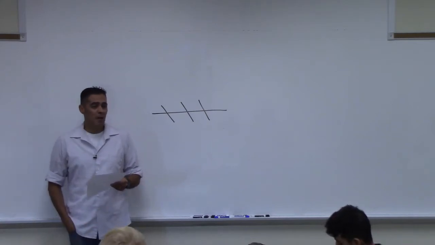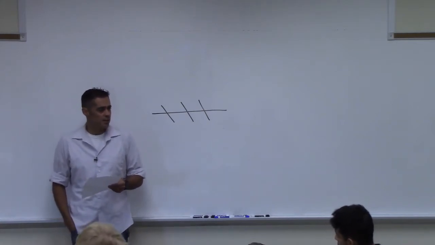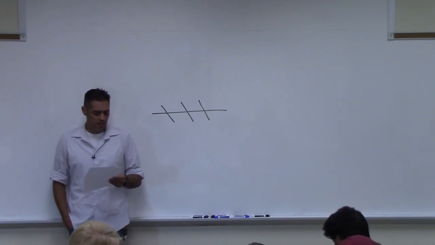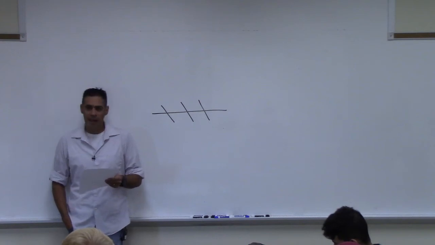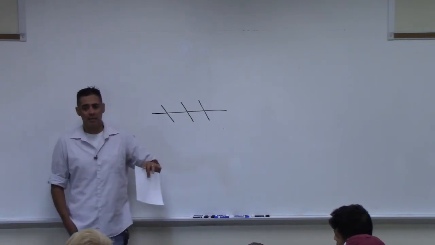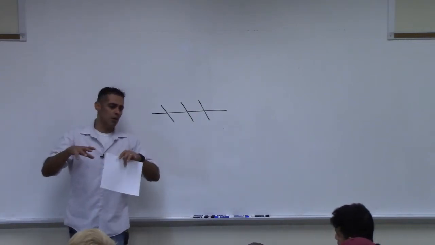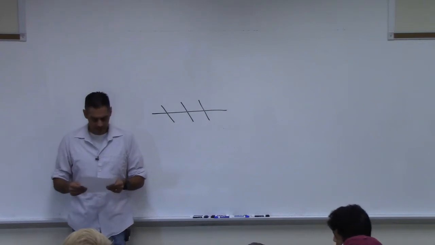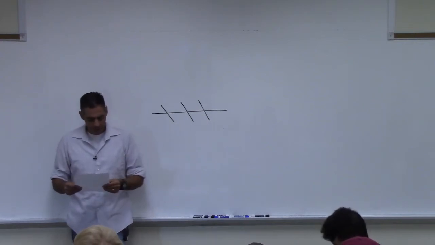I'm not going to have you graph anything in this test, but I will have you do the one where it says find where the function is increasing, decreasing, local max, local min, concave up, concave down, inflections. That's almost all of the work for graphing, at least all of the calculus work. You'll still have to do that, but you won't have to graph anything.